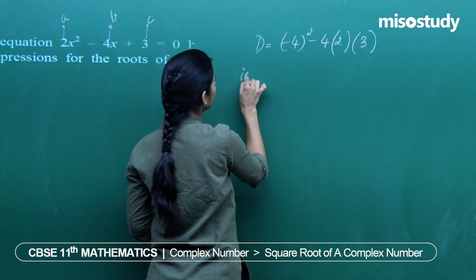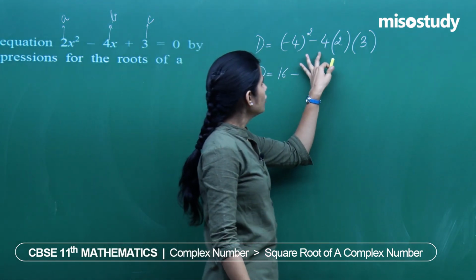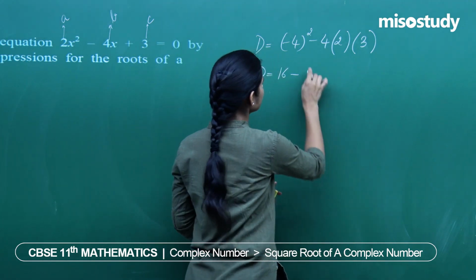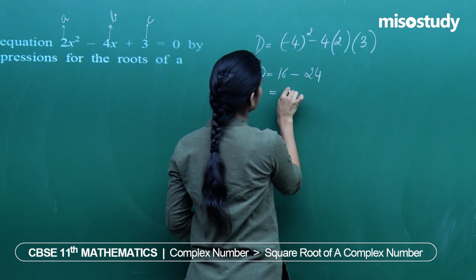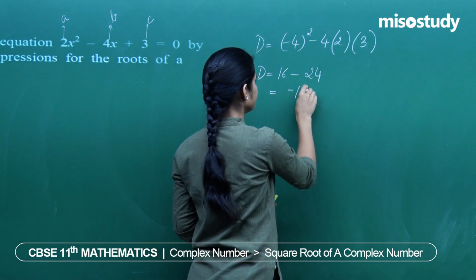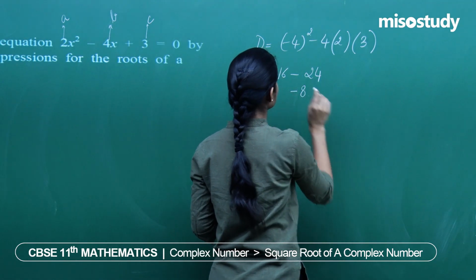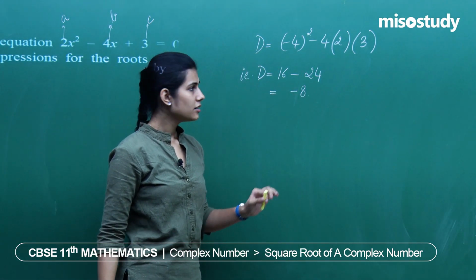That is, D is what? 16 minus 4 into 2, 8, 8 into 3 is 24, which gives you −8. Clear?